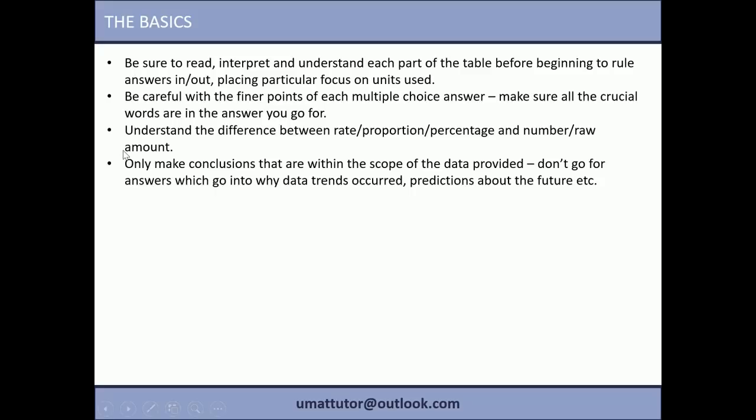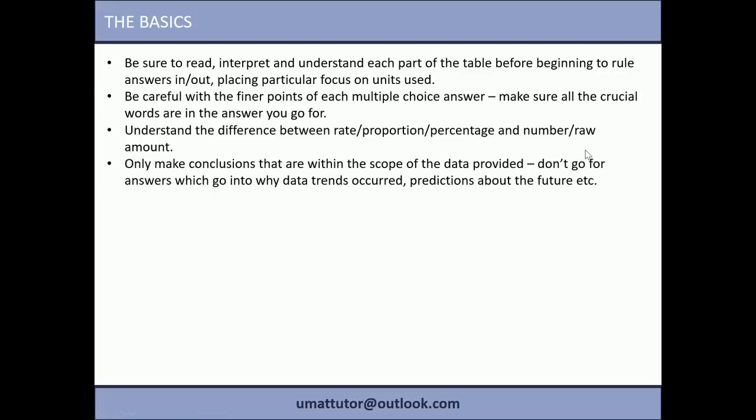Third point, also very important. This is one of the key things that they play on with data questions. It's the difference between, on the one hand, rate or proportional percentage, which for our present purpose is all the same thing basically. And on the other hand, number or just the raw amount of something.